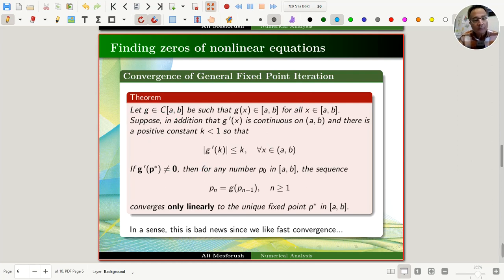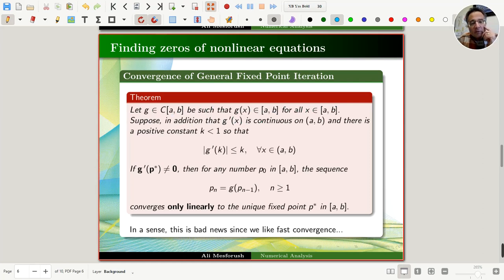So let G be a function in C of A and B. It means G and G prime are continuous, and they lie in the interval A and B, such that G of x belongs to A and B for all x in A and B.